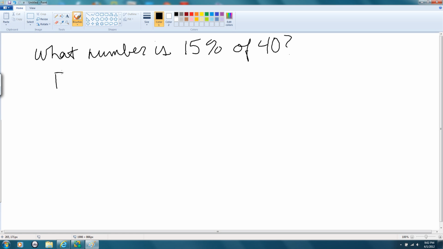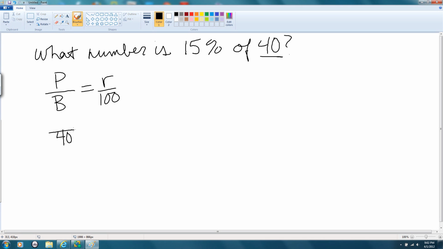Well, we go part over base is equal to little r over 100. And so that's the base. The number after of is the base, so that's 40.